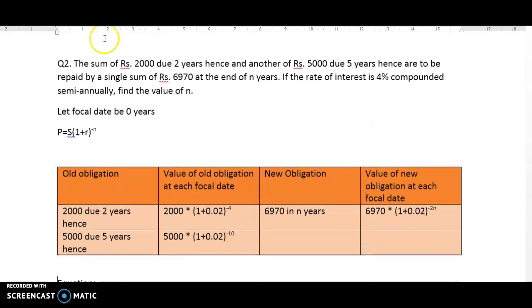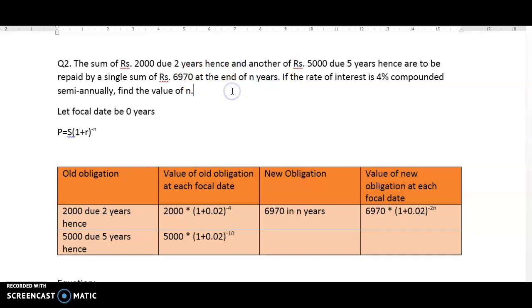The sum of rupees 2,000 due 2 years hence and another of rupees 5,000 due 5 years hence are to be repaid by a single sum of rupees 6,970 at the end of n years.